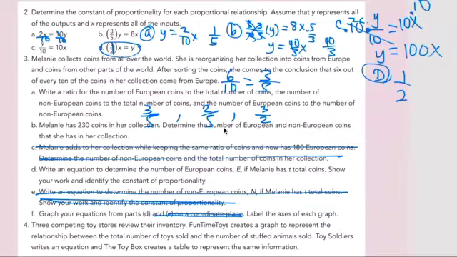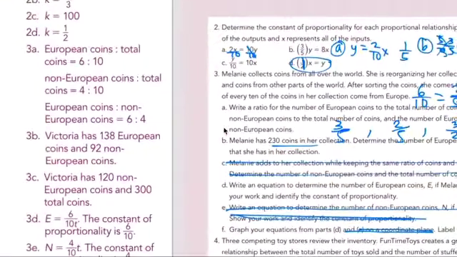Determine the number of non-European coins. Okay, we can find the non-European coins, right? So do the math, and your answer should be 3B.